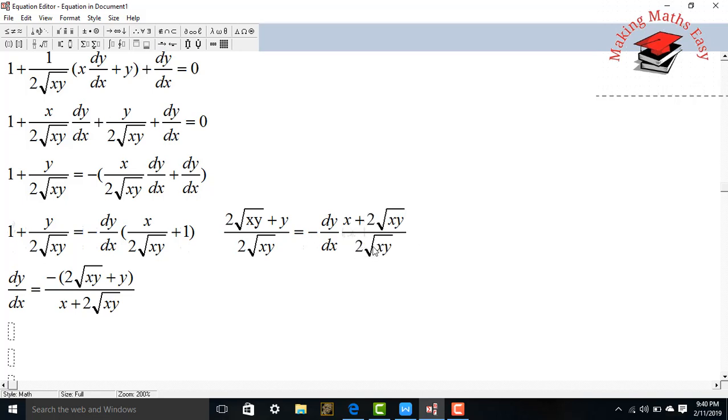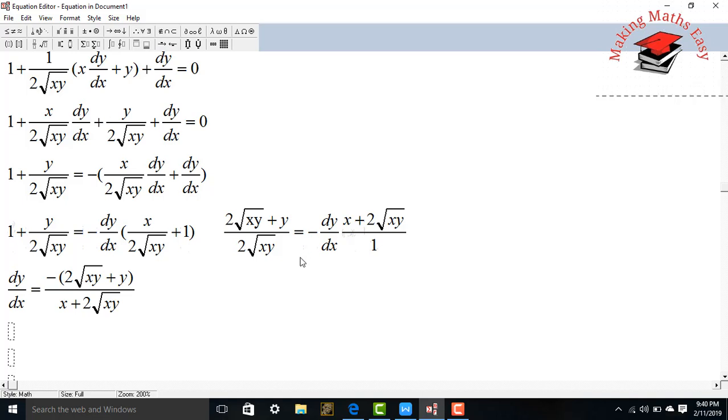Now one thing you have to keep in mind, that this particular function will get eliminated in this case, because we are dividing it. If I do the cross multiplication over here, this x plus 2 square root of xy will come in the denominator, and this 2 square root of xy will come here in the numerator, and they will get divided with each other and cancelled.